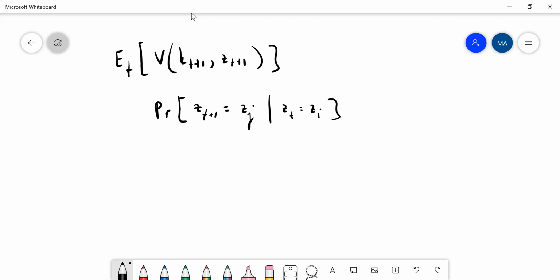So you can actually calculate, for each K, obviously, what this probability is.